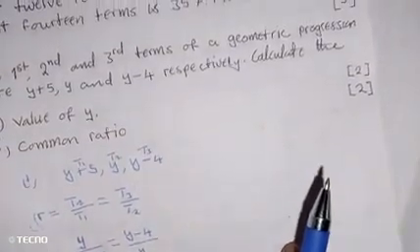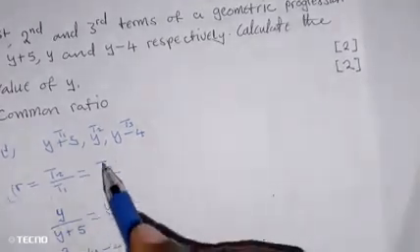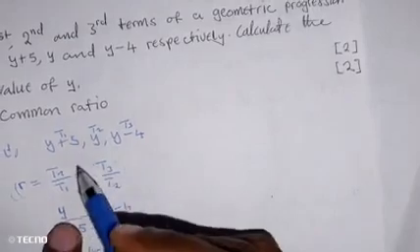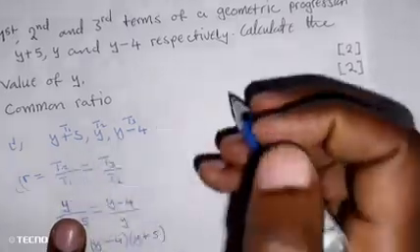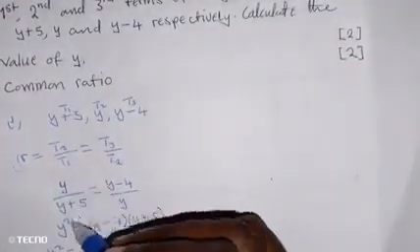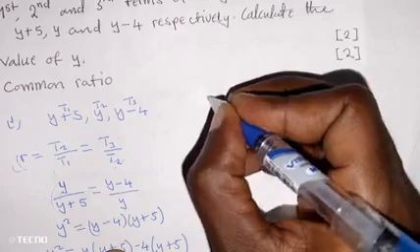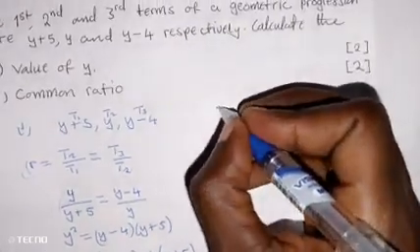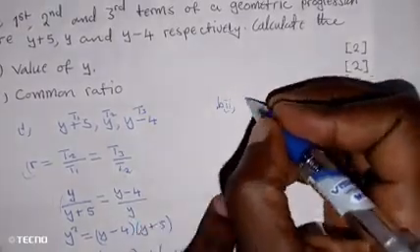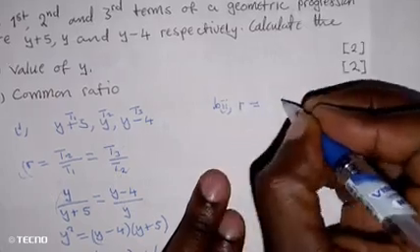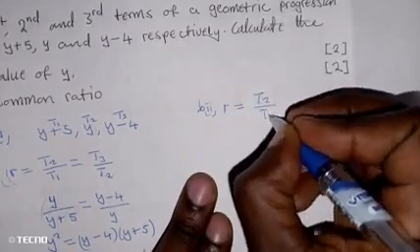Now to find the value of the common ratio, you can just pick like this one here. Okay, so we'll take it from this side, since we said the common ratio, B2, we said R is equal to T2 over T1.